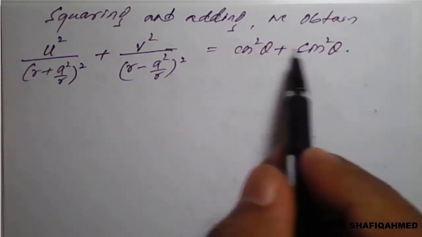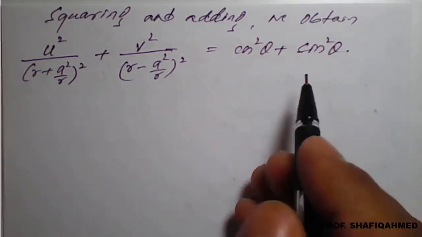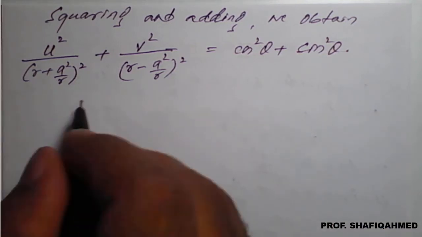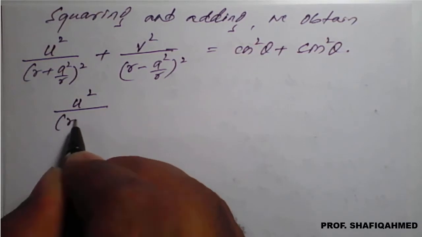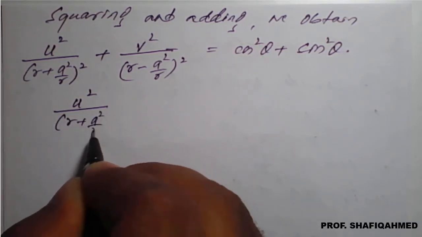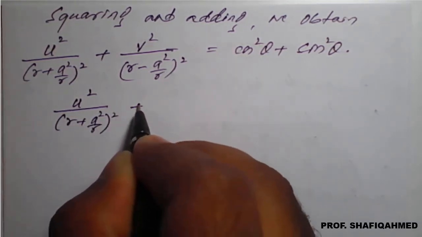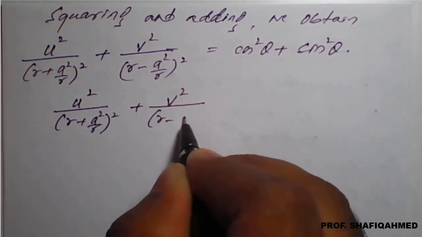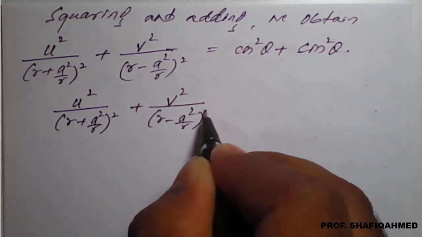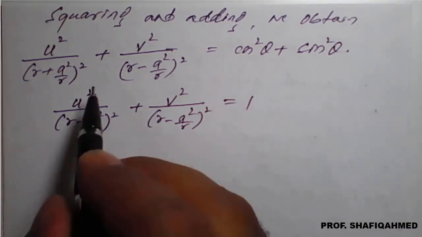As we know that cos square theta plus sin square theta is 1, the above expression will become u square divided by (r plus a square upon r) whole square plus v square divided by (r minus a square upon r) whole square is equal to 1.